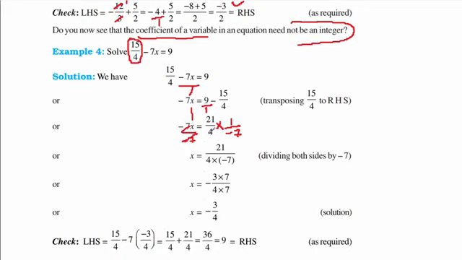We are left with x equals 21/4 into minus 7. Solve it. 7 3s are 21. So 3 over minus 4 or minus 3/4, you know very well this negative sign can hover to any of the three positions which you have learned in previous exercises. Now we could check, you know very well how to check. After learning this, we will solve our exercise.